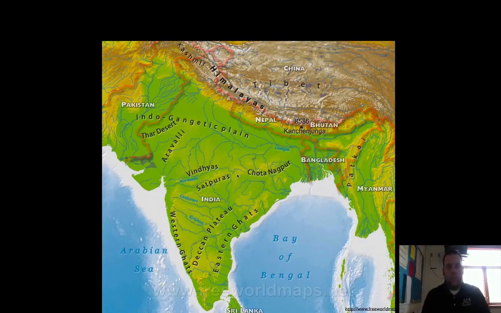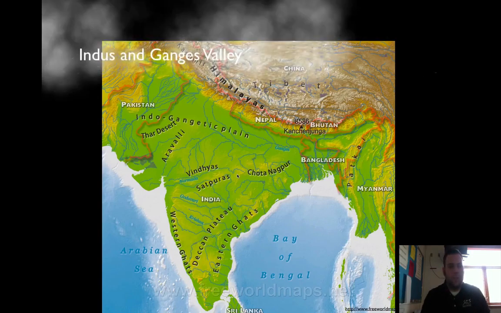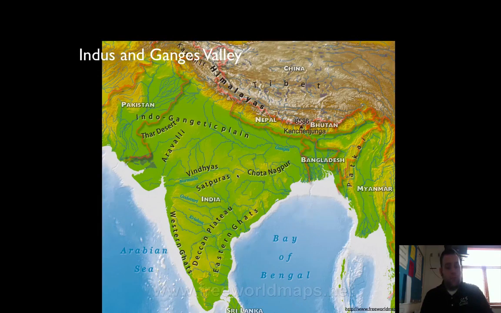So let's take a look at where our studies are going to take us. The first thing we need to know about is where the Indus and Ganges river valleys are. These are where the two civilizations start in this area. So the Indus River Valley is actually in modern day Pakistan.